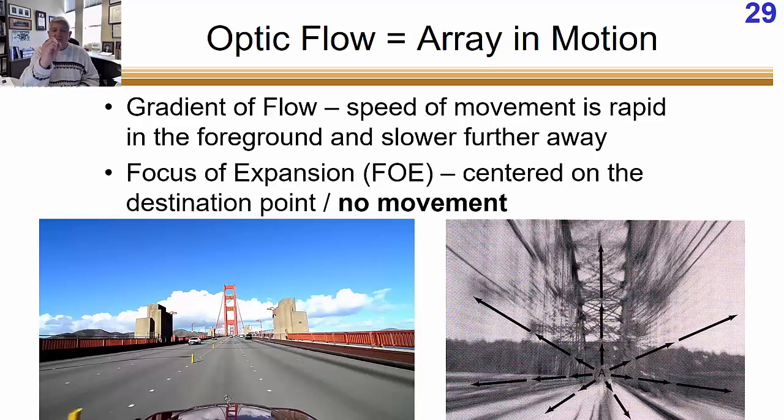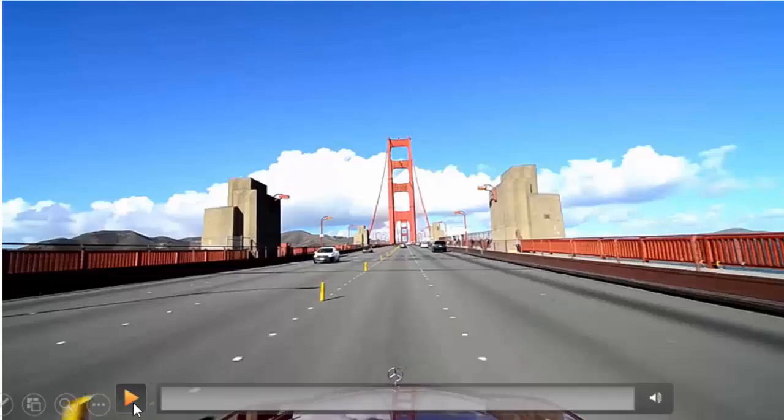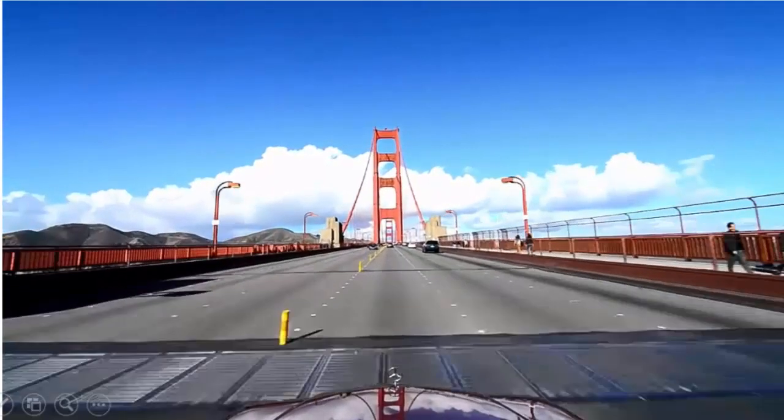Furthermore, right at the center of our fovea, it appears like there's no movement, and this is the focus of expansion. It actually looks like things are expanding from that point. So we can see this in this static bridge example, the focus of expansion, and these things closer to us are moving faster, but we can see it even better if we look at this.